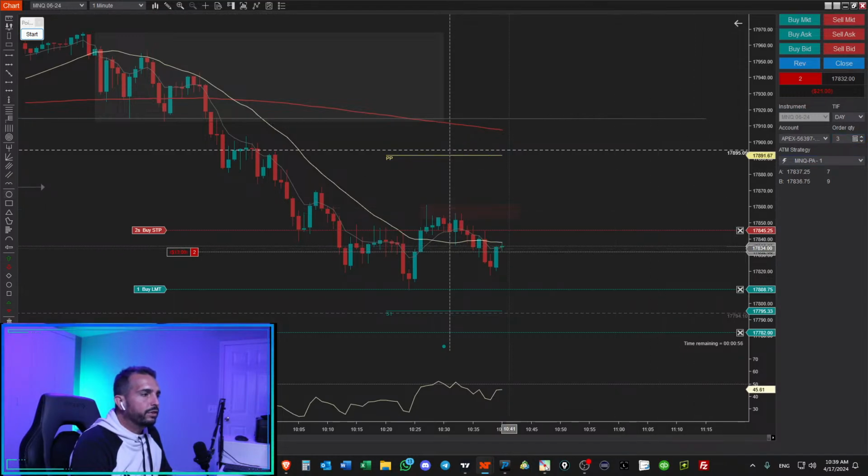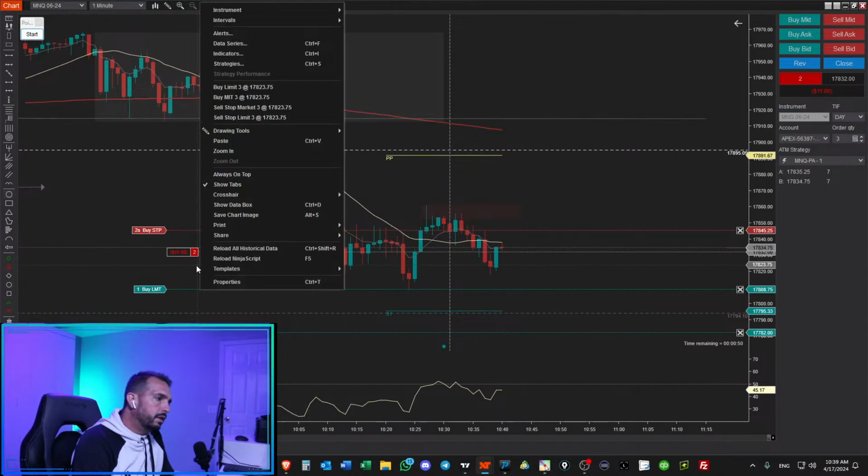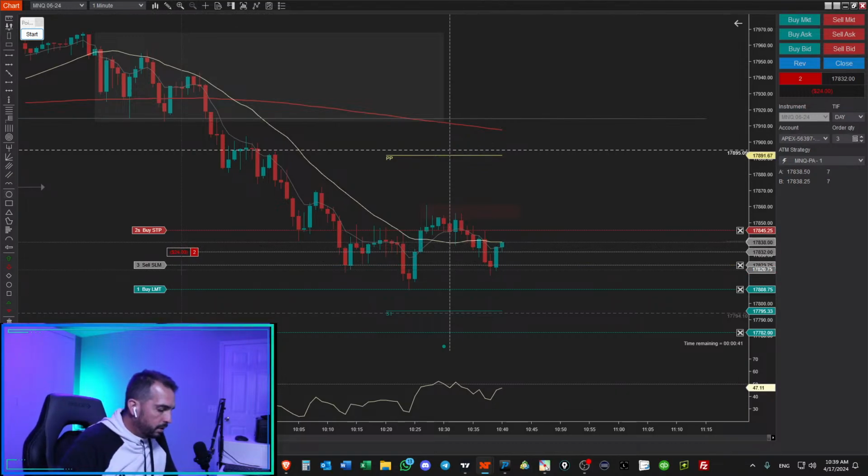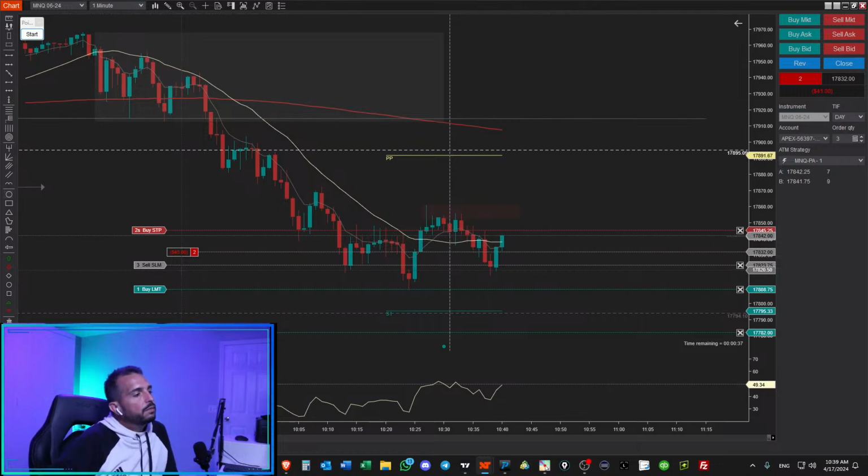My regular entry is 3. If I don't get stopped right there, I'm gonna enter again right here. If it goes up and takes me out, then we'll just wait.